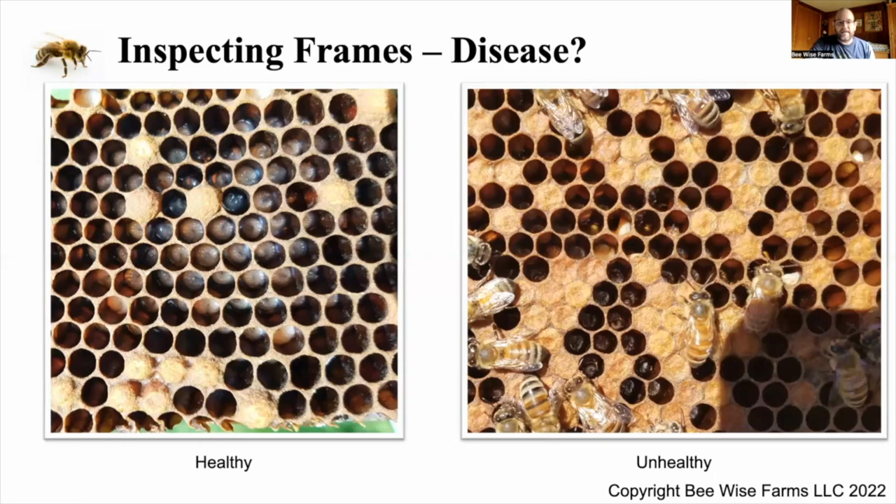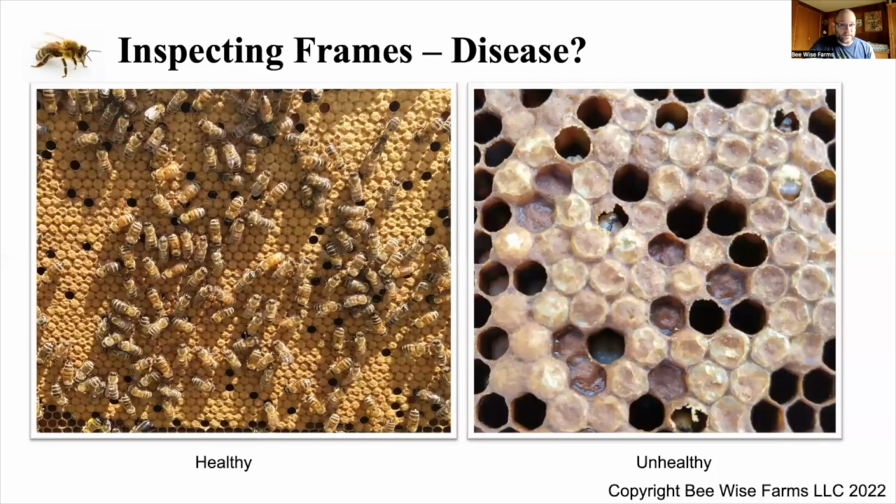Now let's look at capped brood, because that's uncapped brood. Its coloration is huge. When it comes to capped brood, it can give you an indication of disease. And one of the major diseases that is identifiable by anomalies in capped brood is American foulbrood. So the difference between American foulbrood, and we'll cover this in detail in pests and pathogens, the difference between American foulbrood and European foulbrood from the symptom standpoint is that European foulbrood kills the larva before the cell is capped.